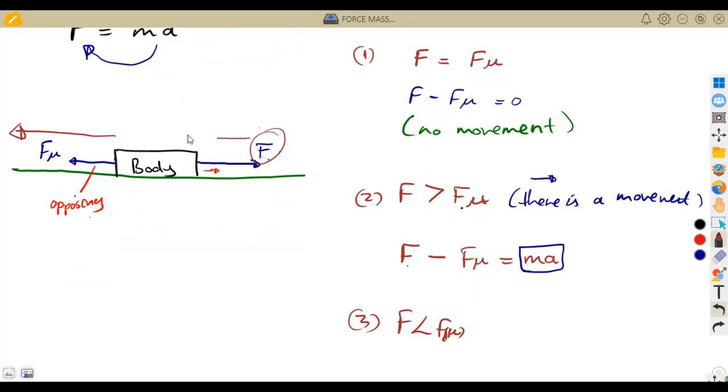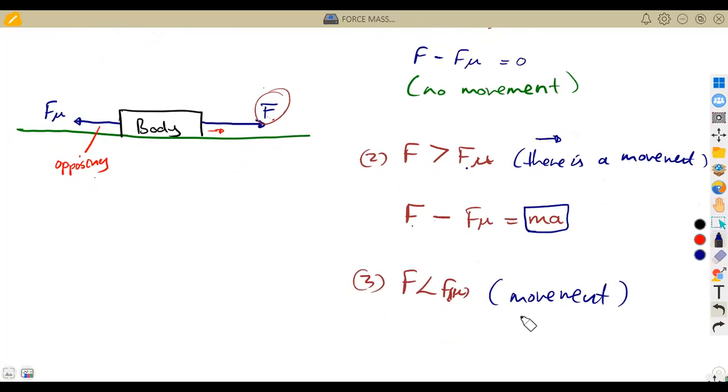It is going to change now to follow where the frictional force is going, because it's now bigger. So we are simply saying there is a movement in this case. Yes, there is a movement that is happening, but the movement now is in the opposite direction.